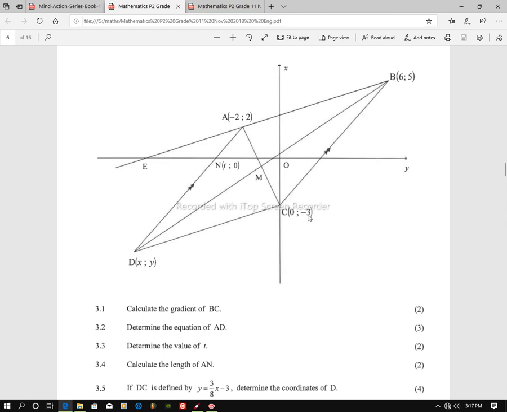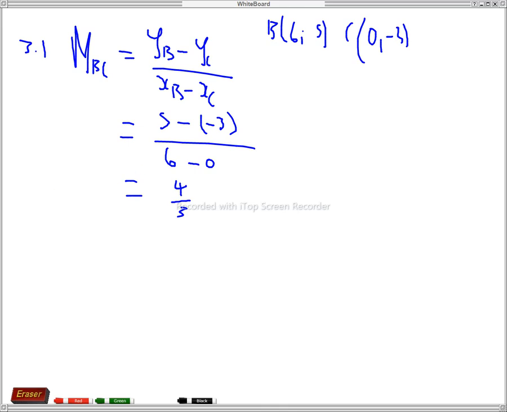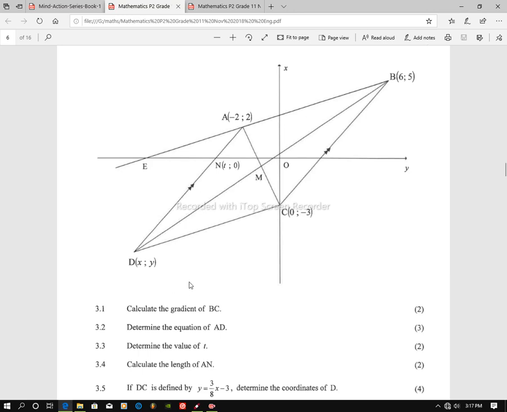If you want to prove that, I don't know how you are going to prove it because you don't have the coordinates of D there. So basically you can quickly get the equation of AD.